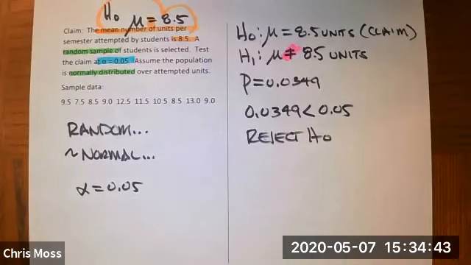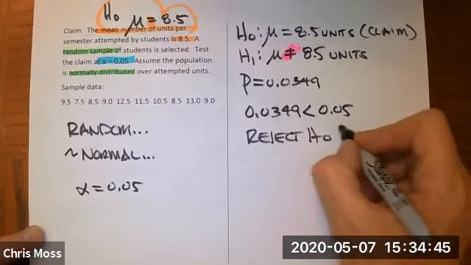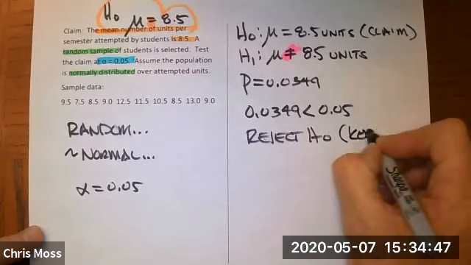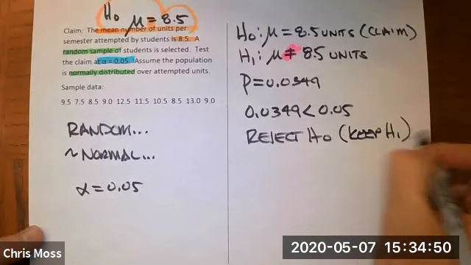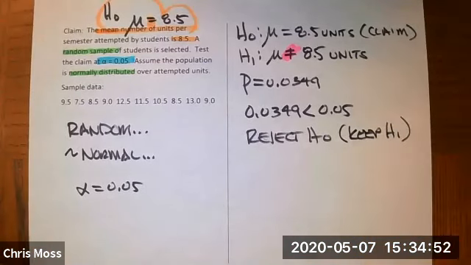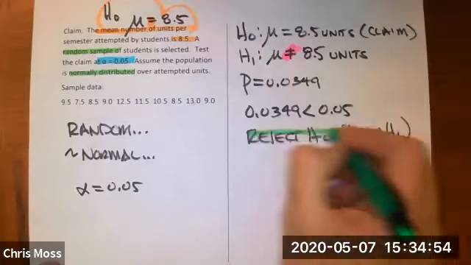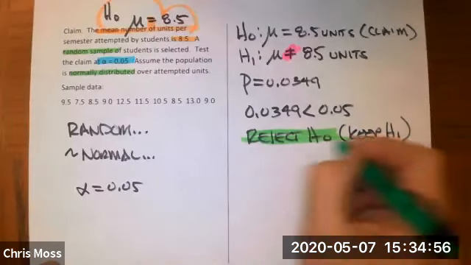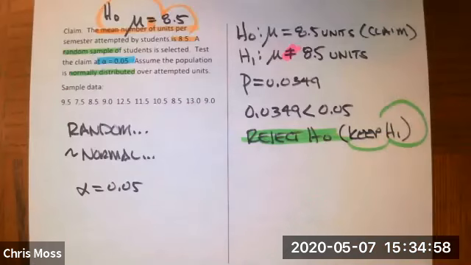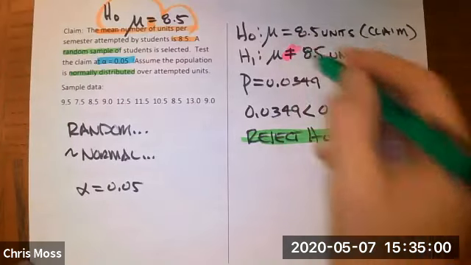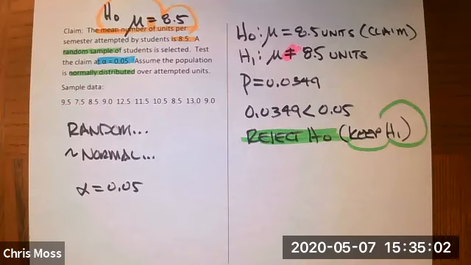Now remember, that means you're going to go ahead and keep the alternative. So do be aware of that. If you're going to reject the null hypothesis, that means you keep the alternative. That's this guy here. So it was not the initial claim.